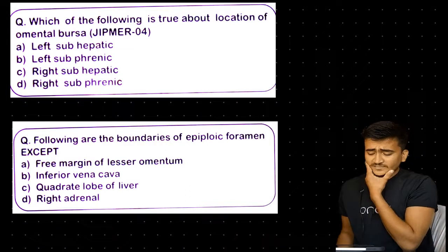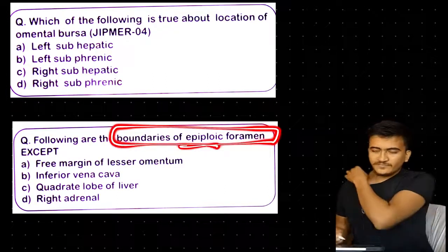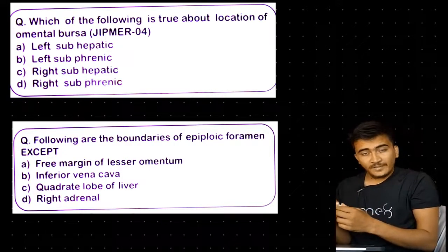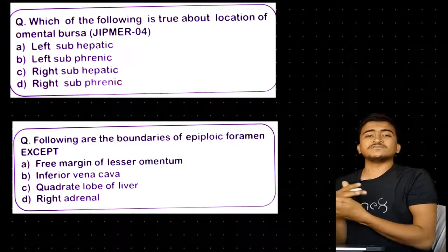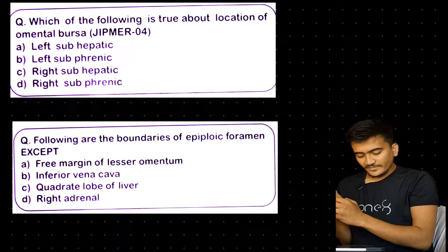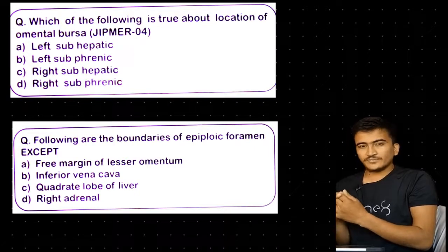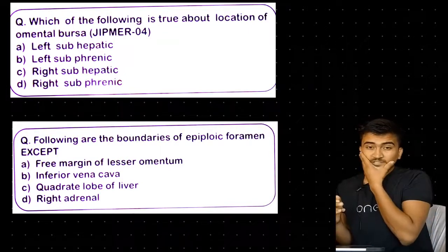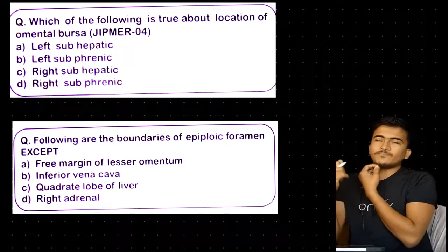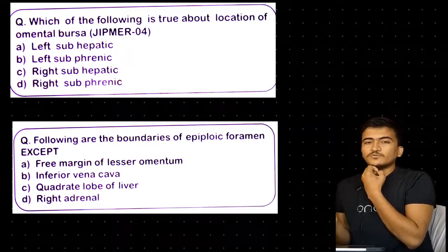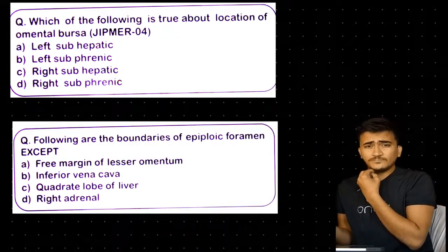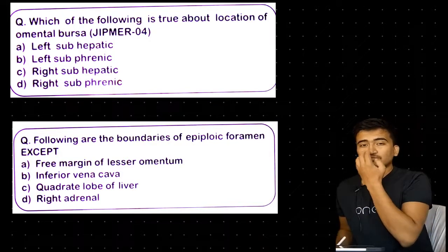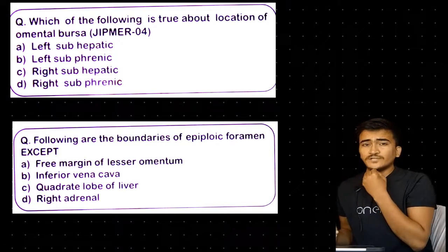Talking about the boundaries, the anterior was the hepatoduodenal ligament, which contains the DAV structures. Posteriorly we have the inferior vena cava, T12, and the suprarenal gland. Superiorly we have the caudate, the first segment. Inferiorly we have the first part of the duodenum.